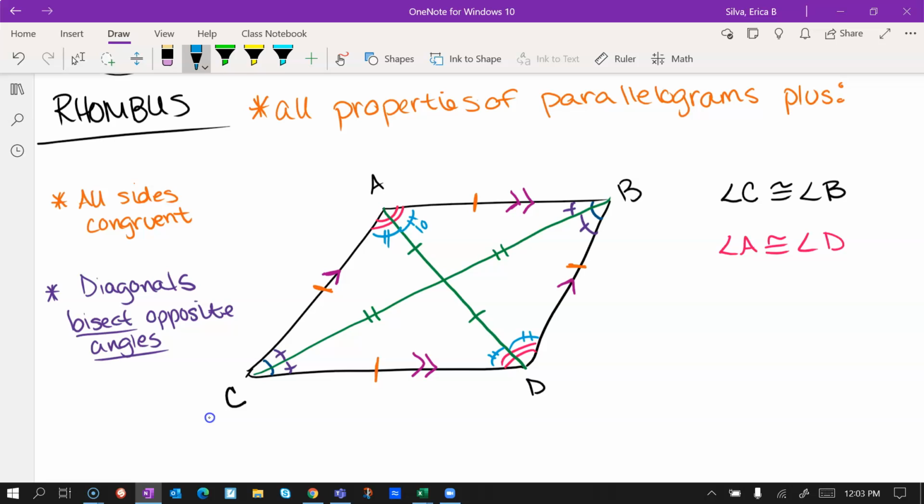So let's say this is 100 degrees. This side is also going to be 100 degrees. And if these two are supplementary, actually, then this is 80 degrees.